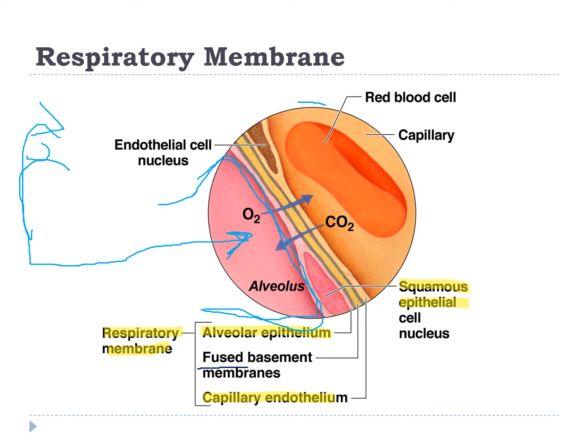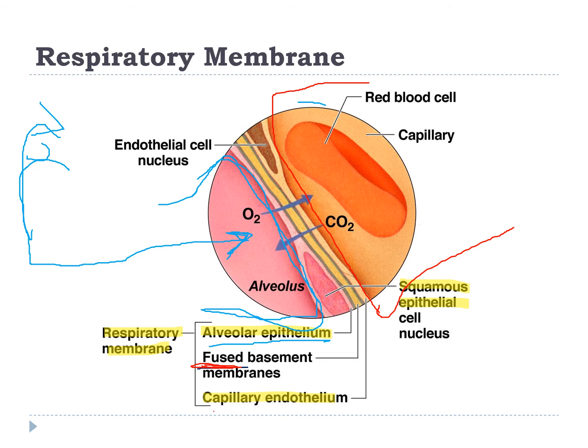That membrane of the alveoli makes up the alveolar epithelium. And then on the other side, we have our capillary. So this is bringing blood from the heart into the lungs, and the capillaries line up and connect with the alveoli by fusing the two membranes.